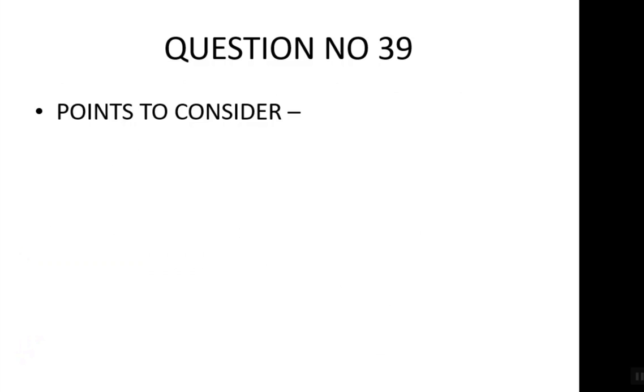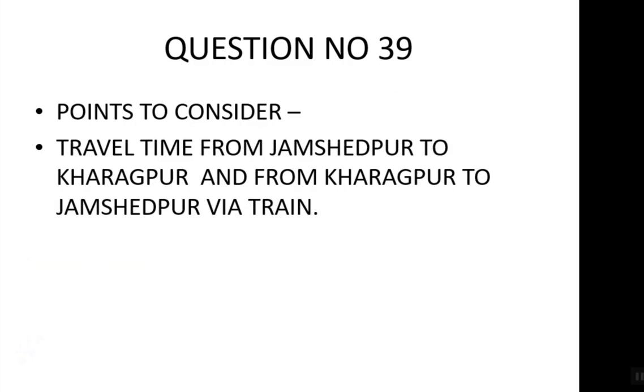So what are the points that we need to consider in order to solve this question? The travel time from Jamshedpur to Kharagpur and from Kharagpur to Jamshedpur via train. So we need to select those trains which will take him the minimum amount of time.